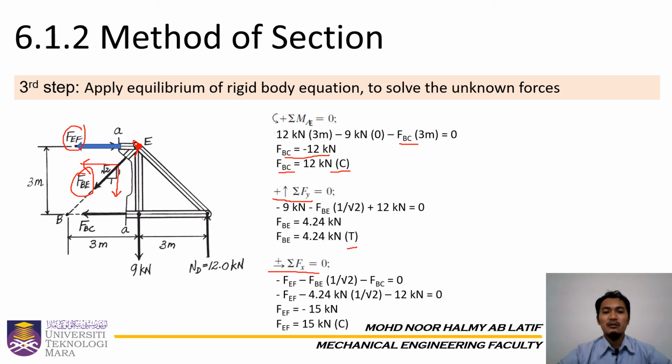By using summation of force X, we're going to find FEF. By substituting the value into the equation, we're going to get FEF is equal to negative 15 kilonewton, which shows that members are in compression.